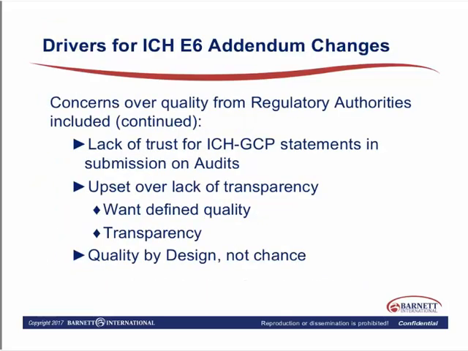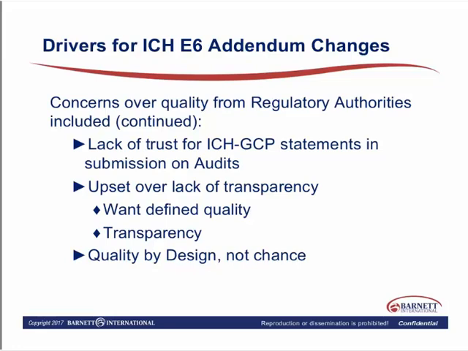So the first thing I want to introduce you to are the drivers for this addendum change. There were several, but the basic drivers were discussed as being a lack of trust of the ICH GCP statements that we were putting in our submissions and that were coming from the audits of our data.